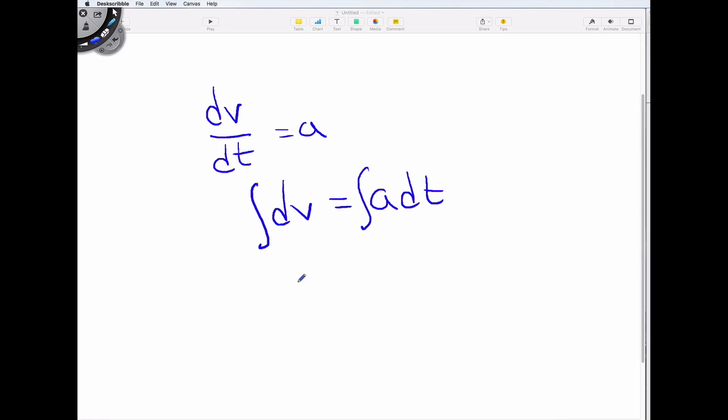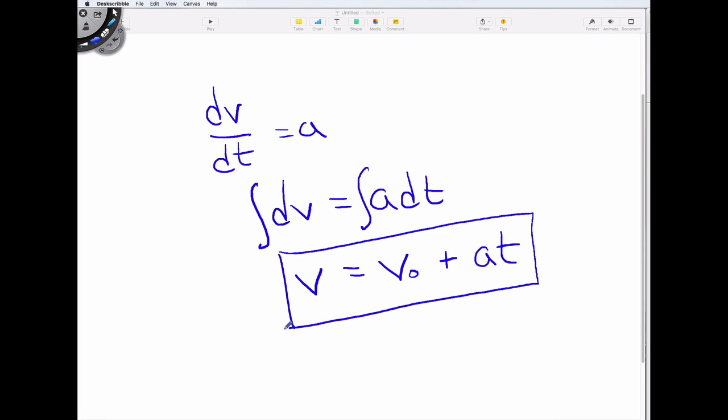And when I do that, I get that the velocity is equal to some starting velocity plus my acceleration times time. And this was the equation that we used to compute the new velocity from the acceleration and the old velocity. And you can do the same thing with the position versus time as well, and you wind up getting that our position is equal to the old position plus the velocity times time.